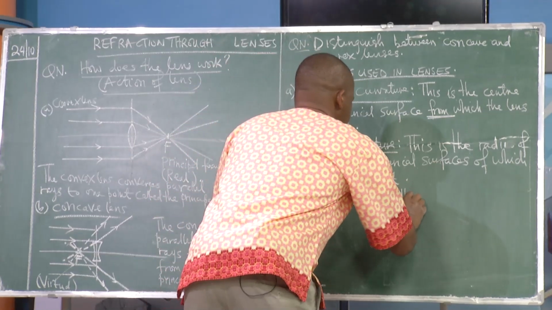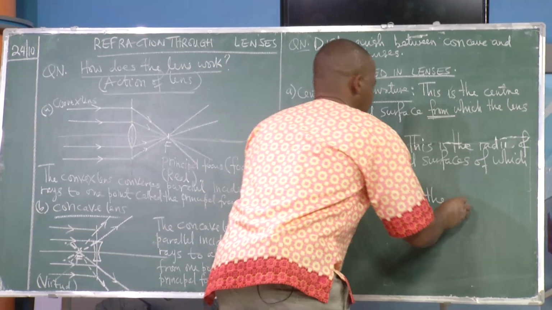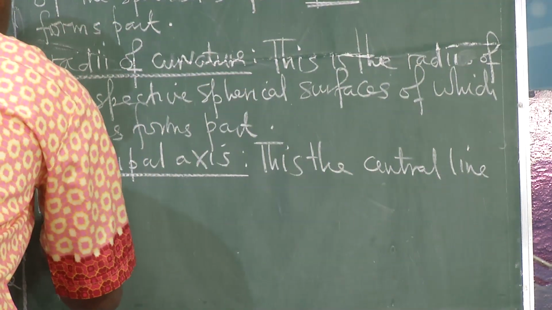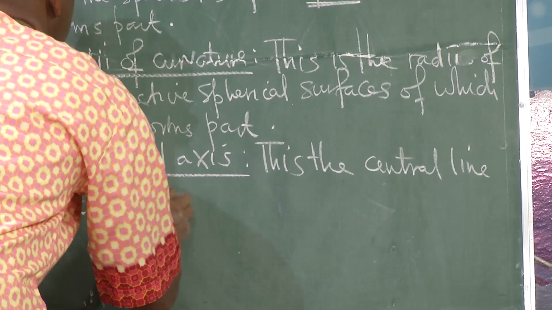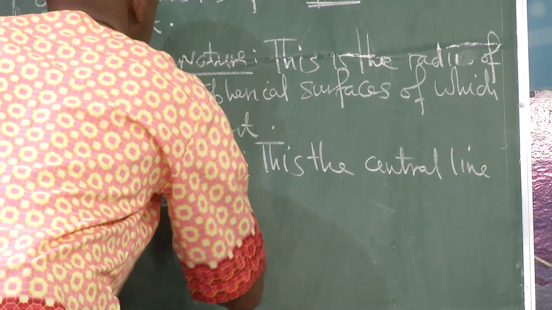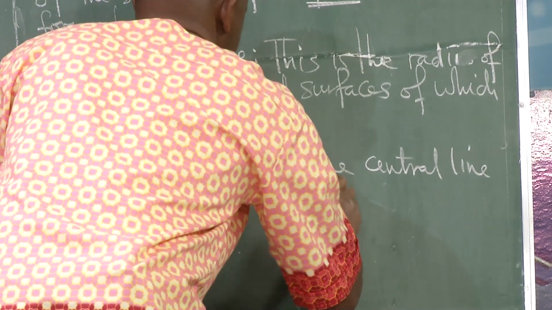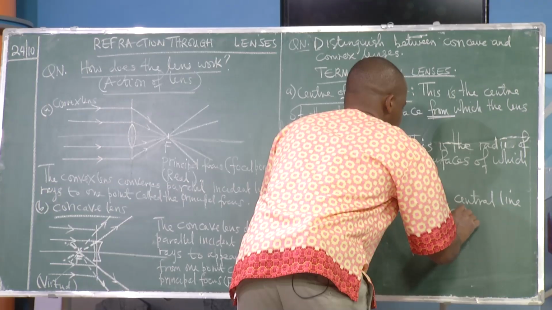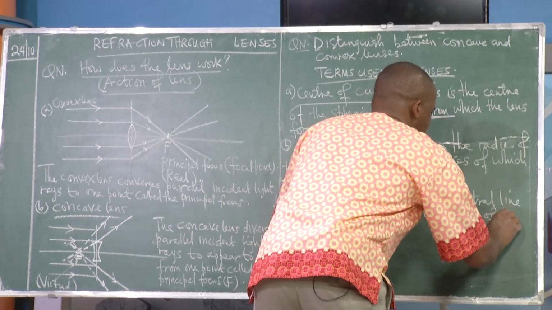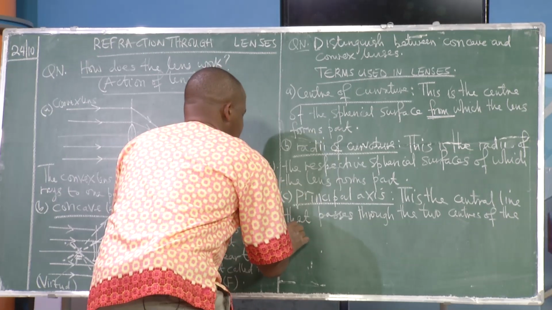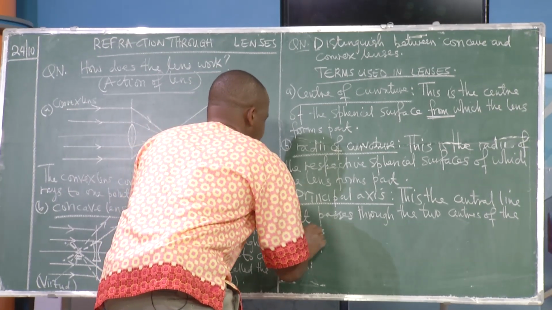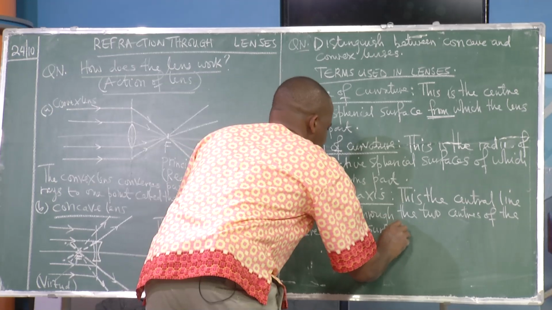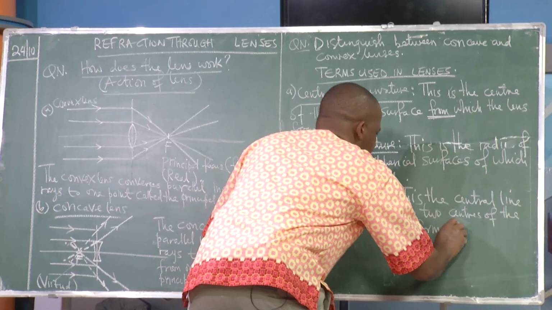We can say that this is the central line that passes through the two centers of the spheres whose surfaces form the lens.